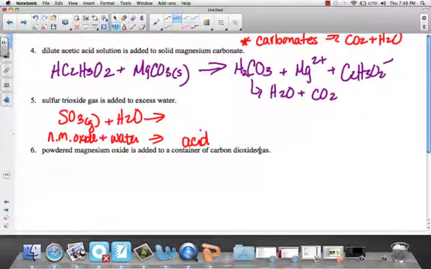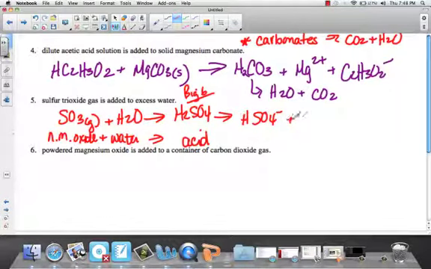So you're going to have H2SO4. But remember that H2SO4 is one of the big six. So it's strong. So it's going to dissociate into HSO4 minus and H plus.